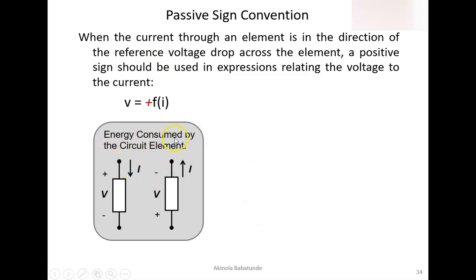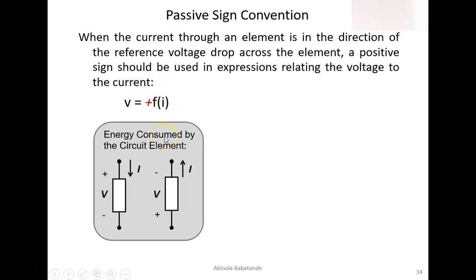When energy is consumed by the circuit element, current flows from positive to negative, so the voltage here will be positive. Whatever function we have as a function of current, whether current multiplied by resistance or by anything else, this will be a positive sign because current is flowing from positive to negative. The voltage will be positive, whatever the function is.